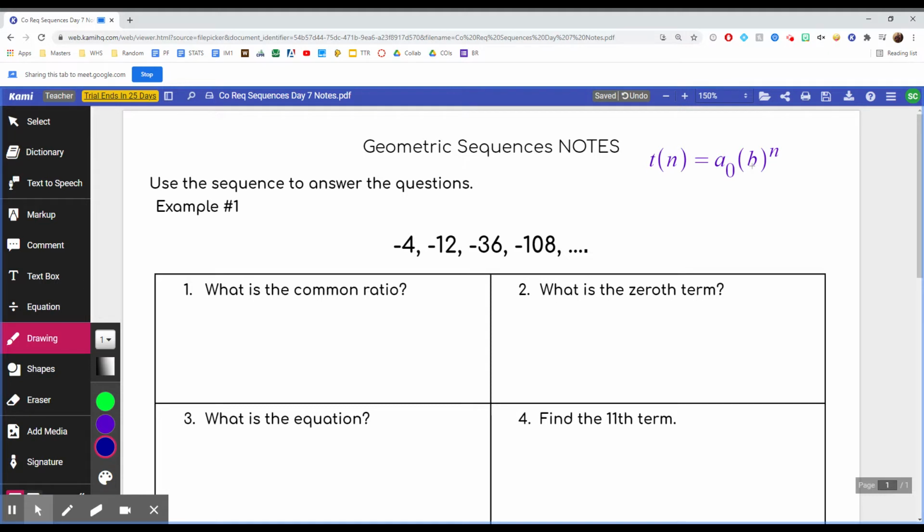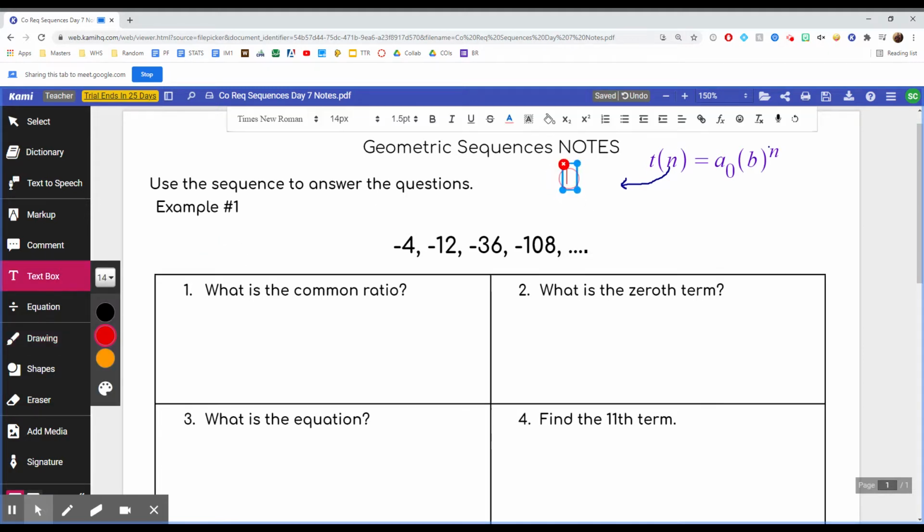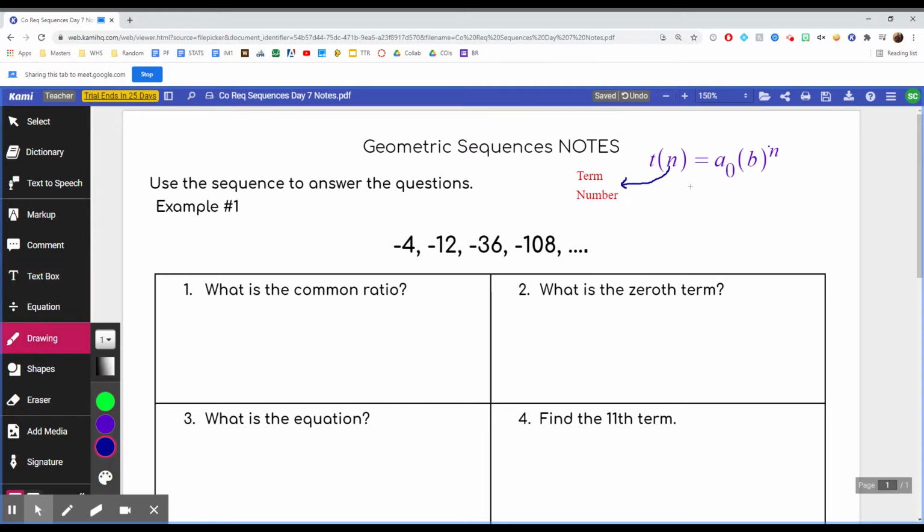each part of the formula has its own meaning, where the n right here represents the term number. Just like before when we talked about arithmetic sequences, the n still represents the term number.